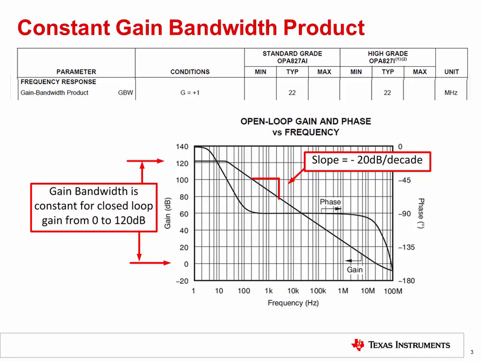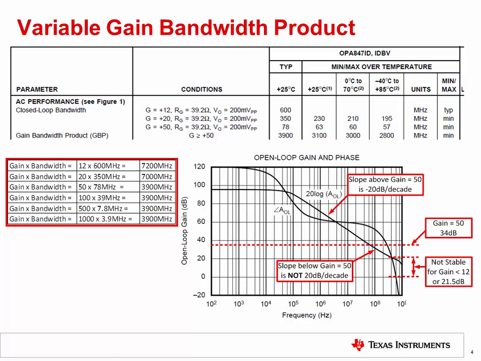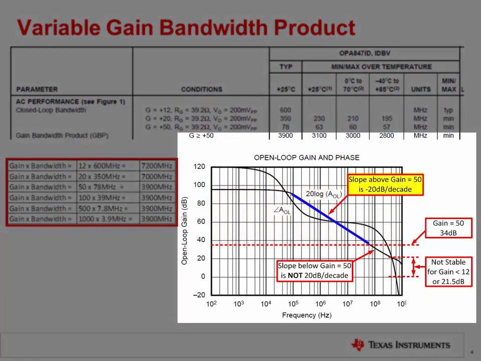For example, let's take a look at the high-speed OPA847. This slide shows the AOL curve for the OPA847, whose gain bandwidth product is defined only for a portion of the AOL curve. In this case, it's defined only for closed loop gains greater than 50 volts per volt. Looking at the open loop gain curve, we see that for gains greater than 50 volts per volt, or 34 dB, the slope of the AOL curve is minus 20 dB per decade.